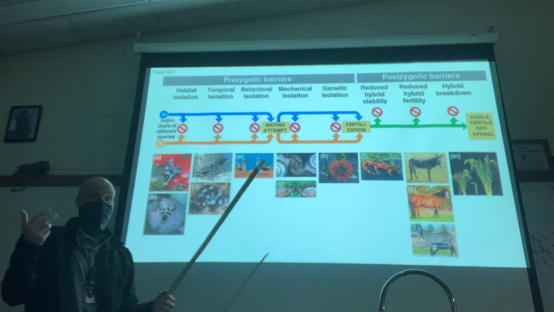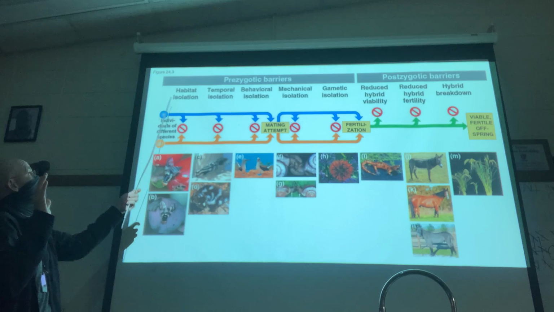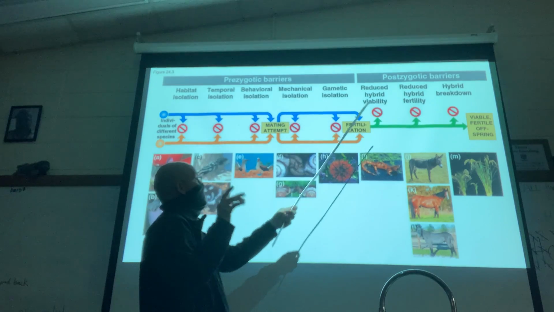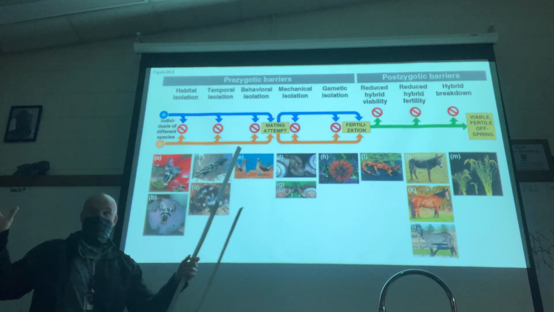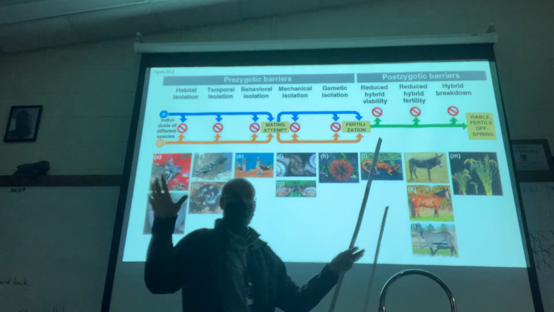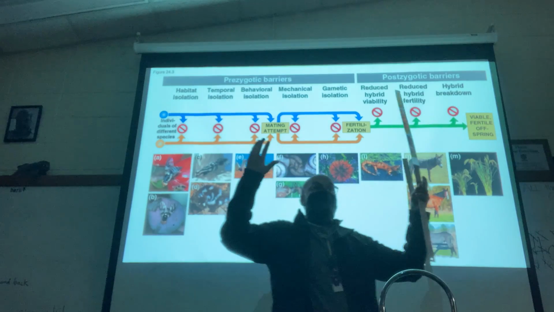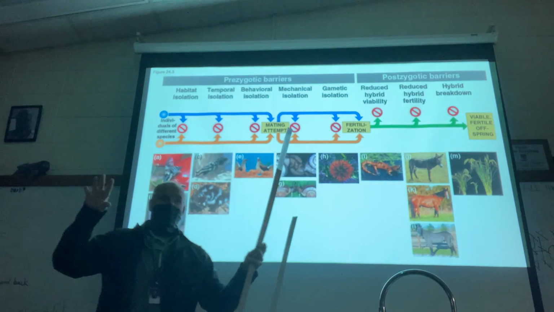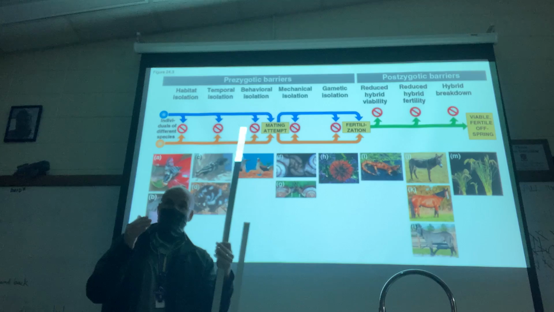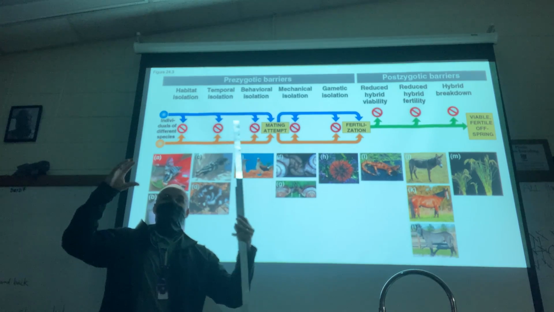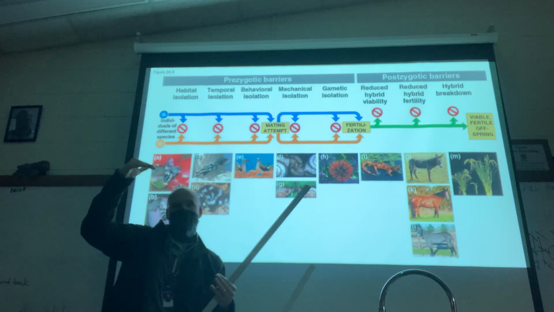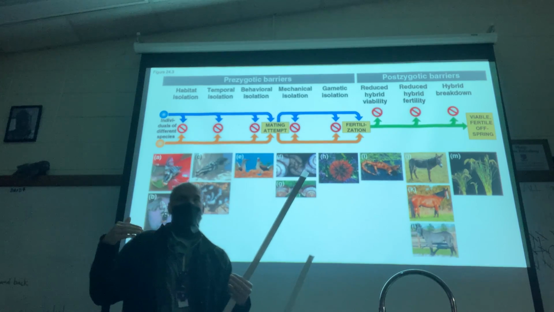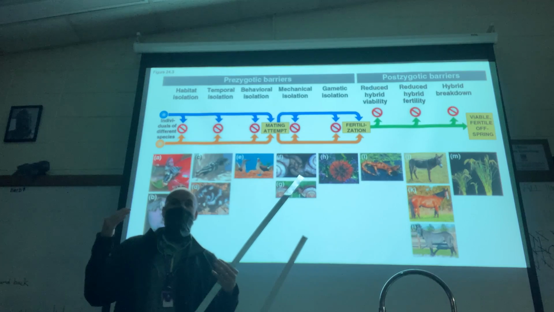And again, your book goes through all of these, and I would strongly recommend that you read about each one of these. If two groups of organisms, two populations, find themselves, even if they're in the same region, just spending their time in different niches, different parts of the environment, they may never really meet.